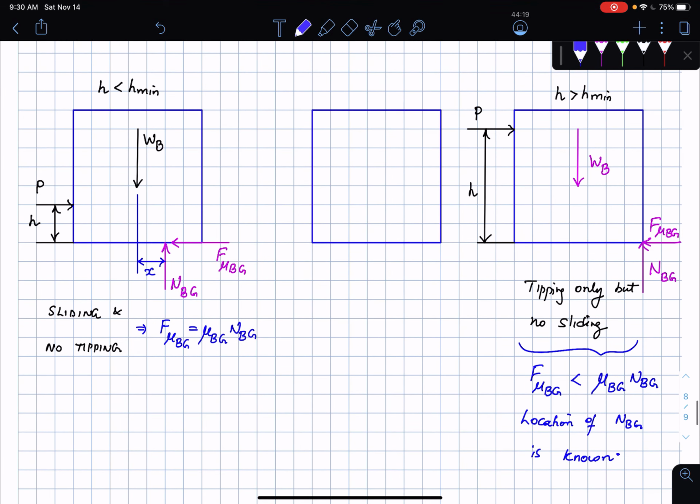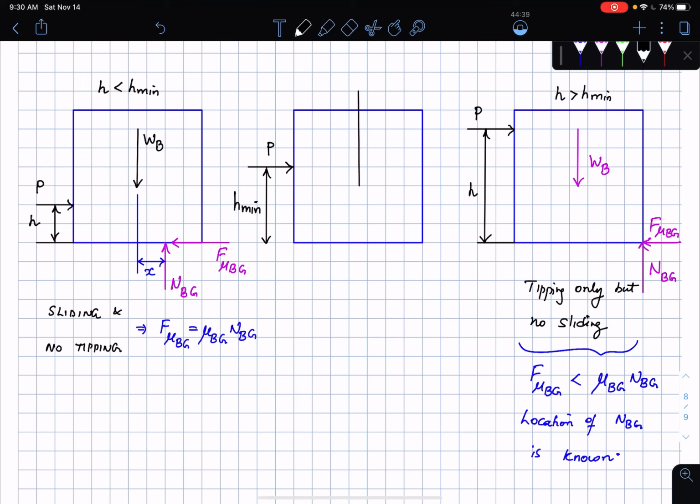Then I come to the situation where I have both of them taking place. Which means that now I'm at a critical height, or the minimum height. This is P. This is now going to be H minimum. And of course I'm going to have the weight of the box. In this case, you see that the normal force and friction force are still at the corner point, but I also know that the friction force is related to the normal force.